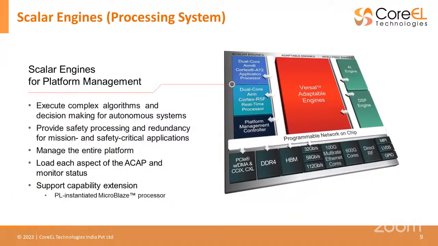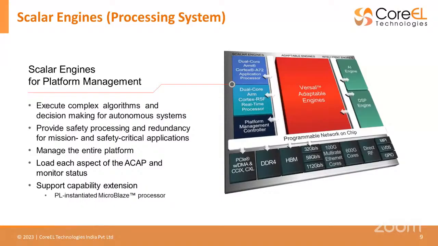So the scalar engines, as I've told you, are the processors and controllers that are available to you on the chip, and these are mostly used for your complex algorithms and decision making. They provide the safety for your processing and redundancy for your applications.